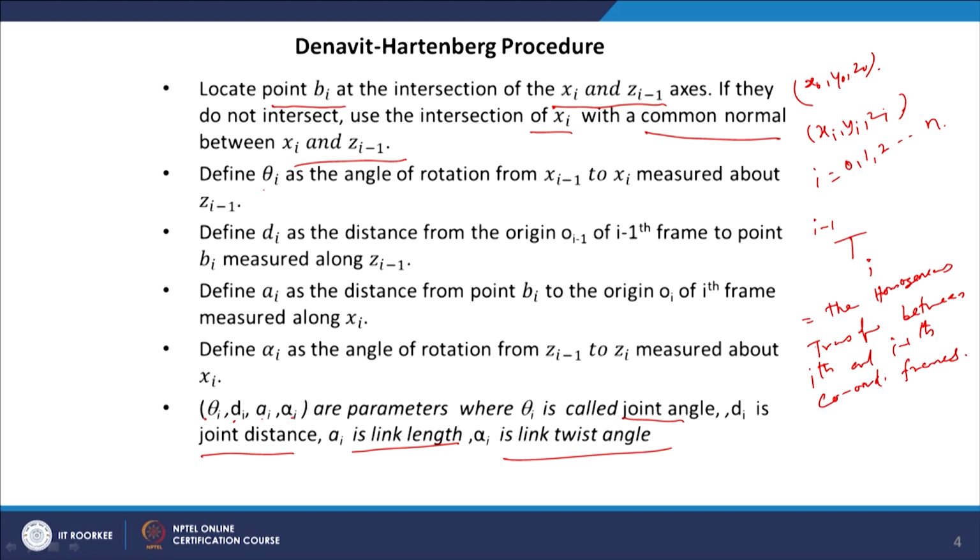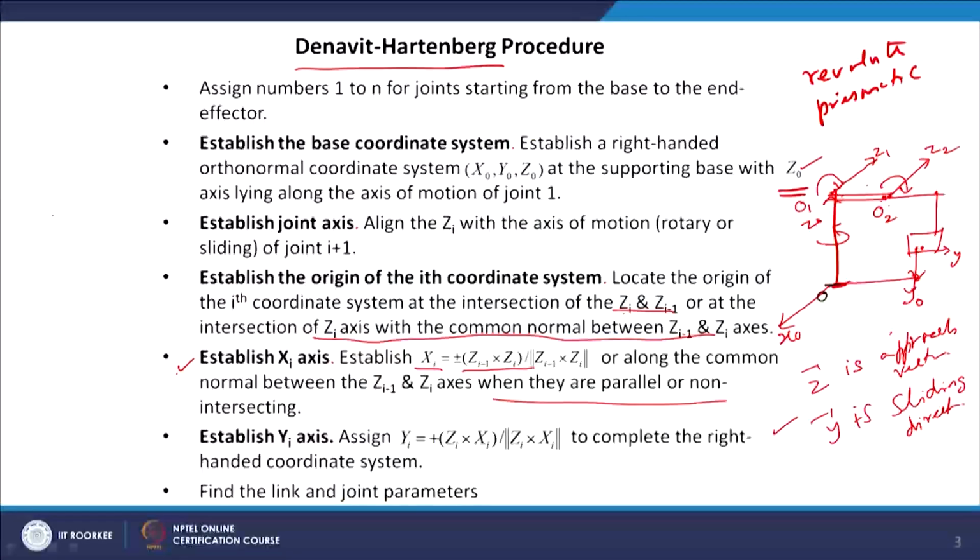Then define the angle theta I. The joint angle theta I is defined as the angle between xi minus 1 and xi axis, these 2 axes, which is measured about the zi minus 1 axis. So, for example, in this particular picture, we have z0 axis this way and x0 axis is here.